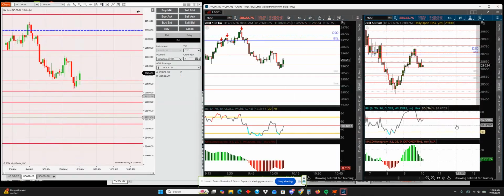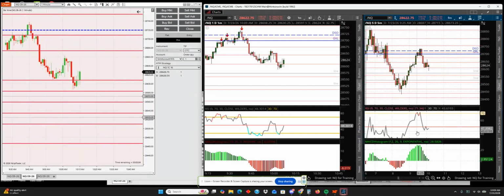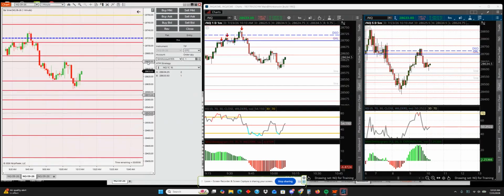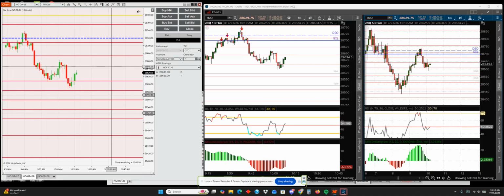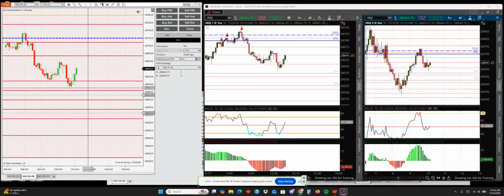You guys see how the 5-minute RSI is fighting there. I really wanted it to go above the 50 level. All right, see how it did pass the 50 level.